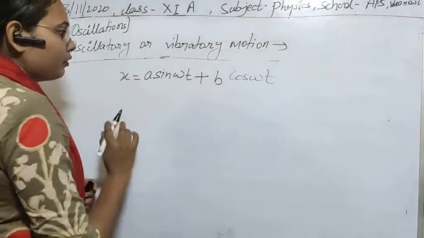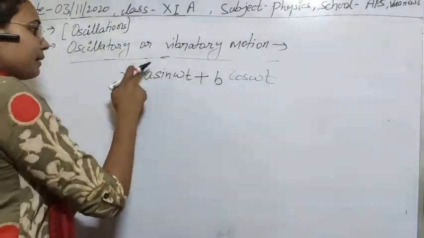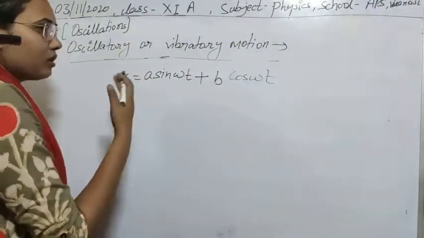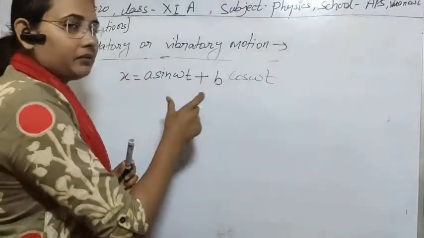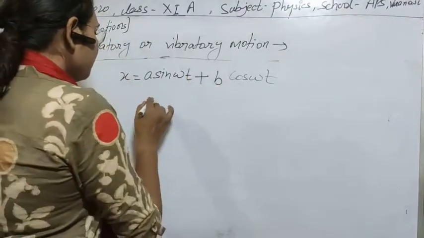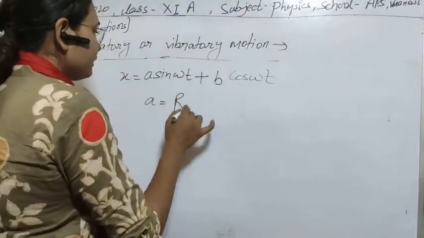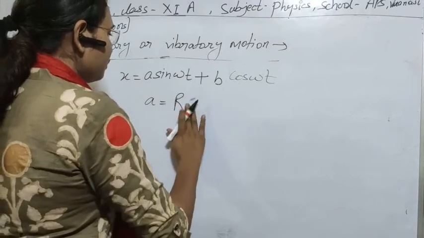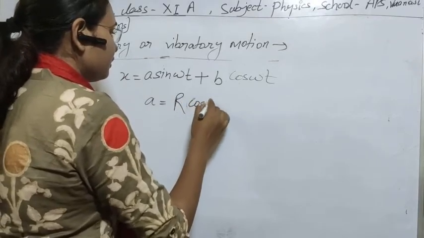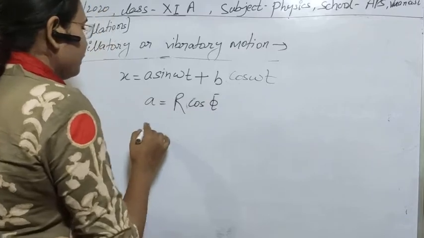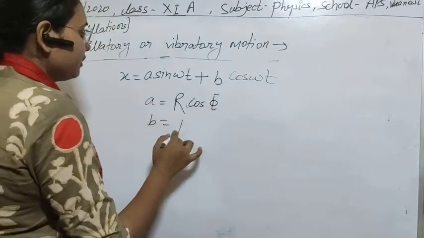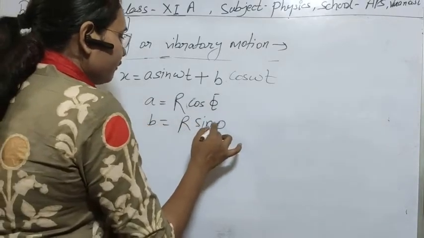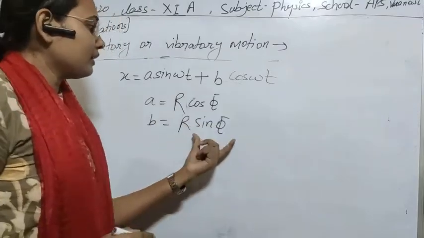So this is the formula. In this condition, as the amplitudes are constant, we can also replace them by other constants. Suppose in place of a, I write r cos phi, and in place of b, r sin phi, where r and phi are constants.